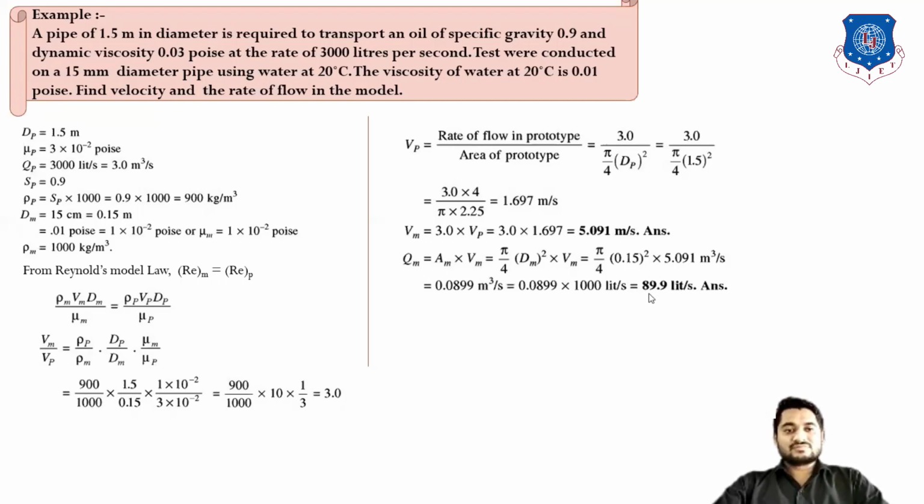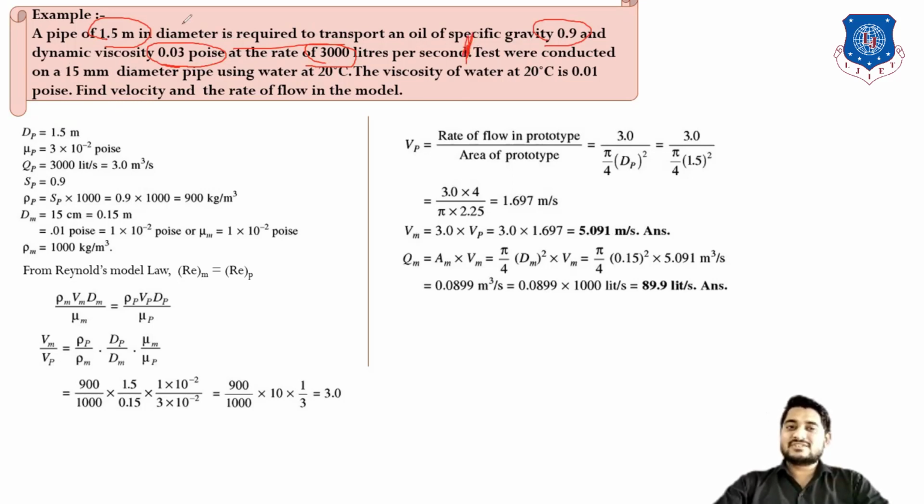First of all, a pipe of 1.5 meter diameter is required to transport an oil of specific gravity 0.9 and dynamic viscosity of 0.03 poise at the rate of 3000 liter per second. The tests were conducted on up to this limit, up to this data.